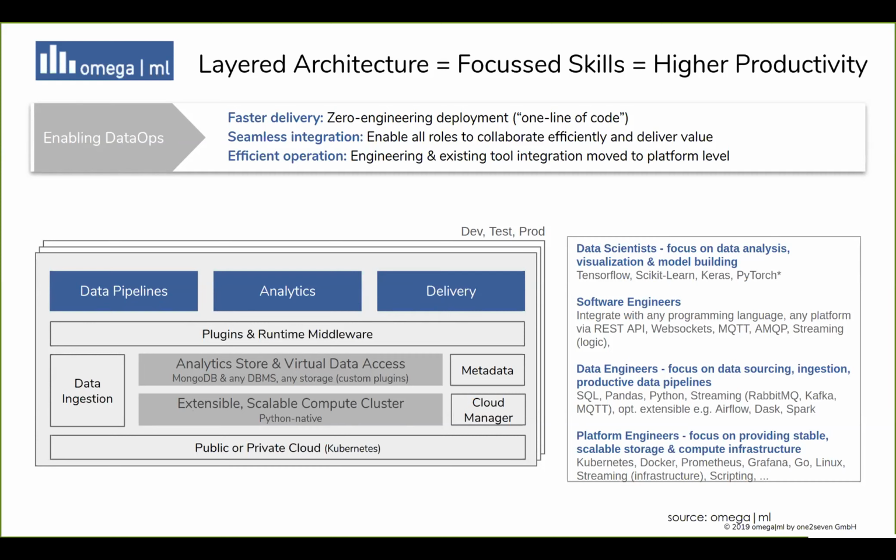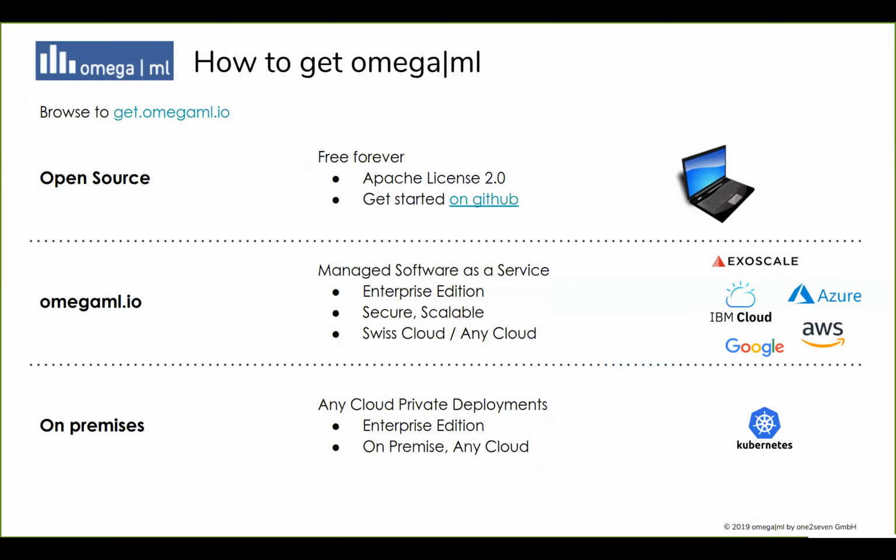So in a nutshell, I think having a platform like OmegaML helps your organization to focus the skills and therefore also makes it more productive to perform data analytics. Also, on the collaboration side, when you want to have multiple departments talk to each other, it helps to have a centralized platform where everything is stored and managed in the same manner.